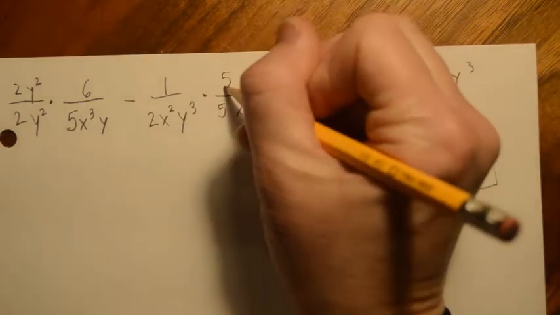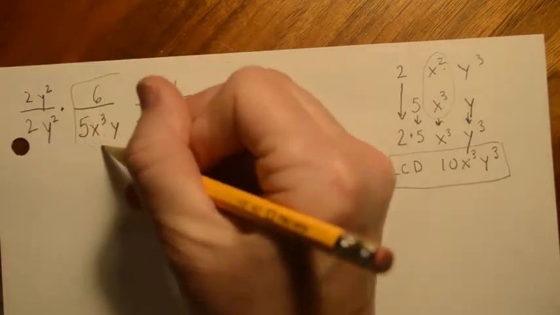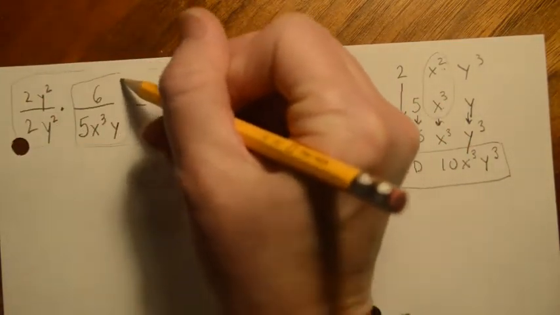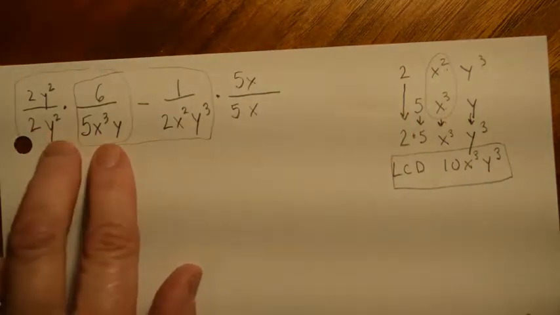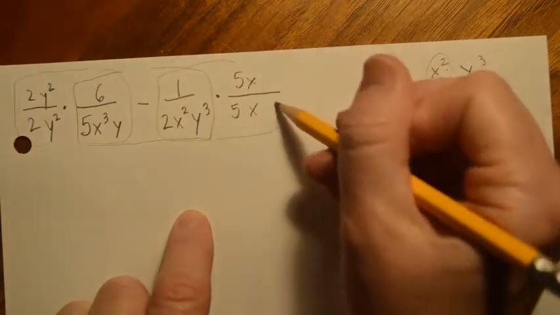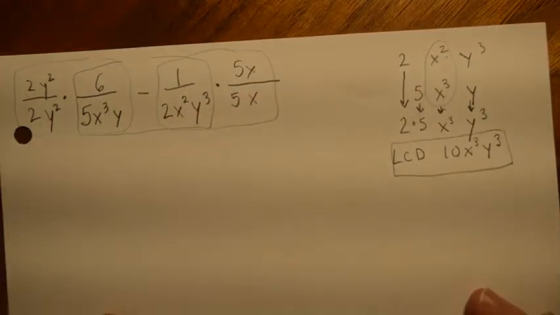So on top, I'm going to do the same thing, times 5x. So again, here's our original problem, and these are the things that we're multiplying by to make this have the same denominator. This is the second pair where we're matching them together so that they end up with the same denominator.